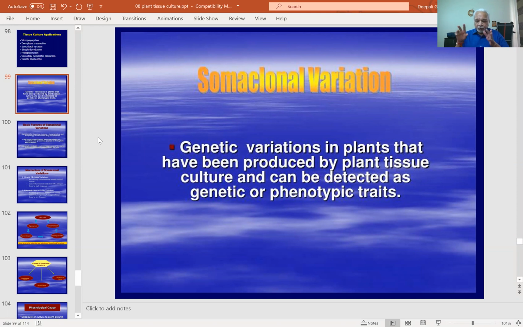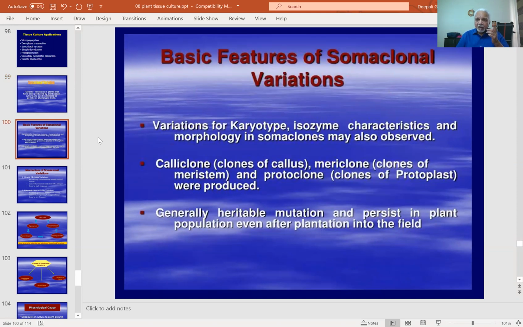Okay, so what are the basic features of somaclonal variations? It can exist at different levels. For example, variation for karyotype, isozyme characteristics, and morphology in somaclones may be observed.